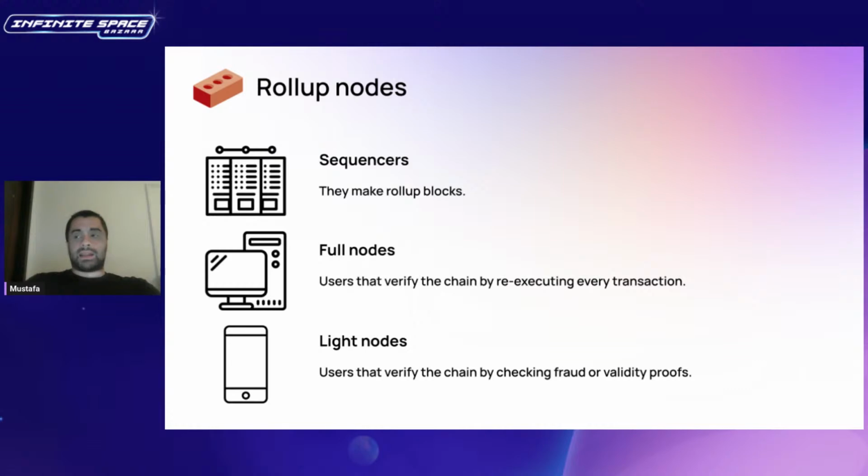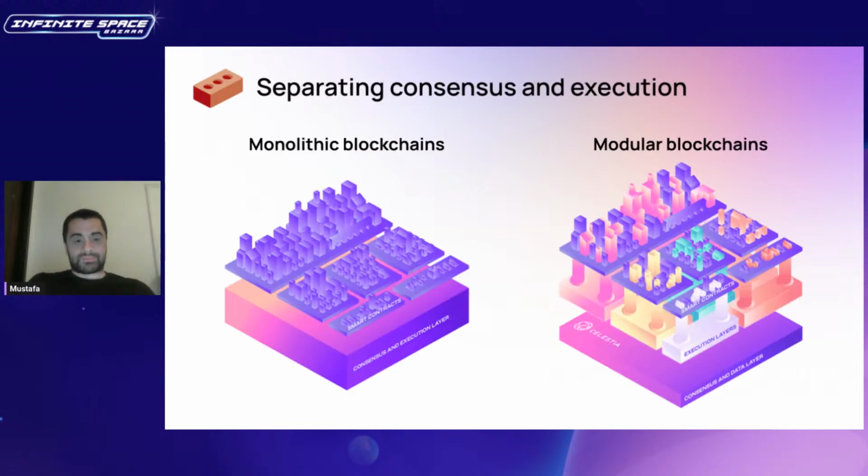Those light nodes basically take in block headers and verify the rollup chain by checking the fraud or ZK proofs. And this is fundamentally the idea of a modular blockchain that separates consensus and execution. Rollups do the execution, whereas the base layer is only responsible for consensus and data.